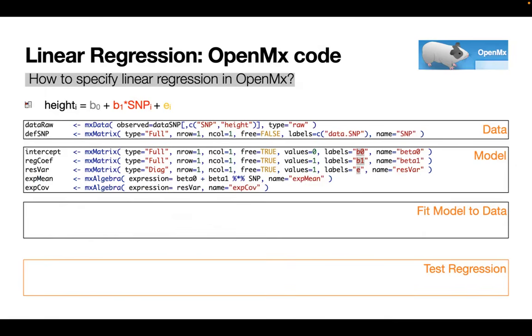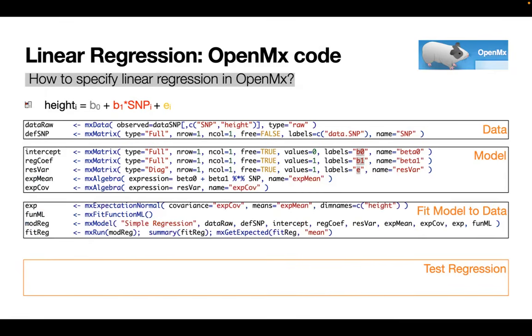And you'll see that the algebra in OpenMx maps on directly to the equation above. We then have some other functions that allow us to combine the model and the data, indicate which fit function we want to use, and then put all these objects together in the model that we can then run and generate the output for.